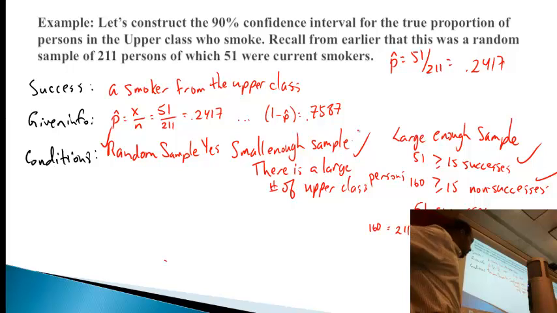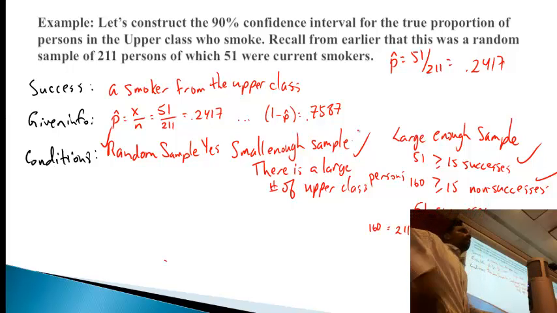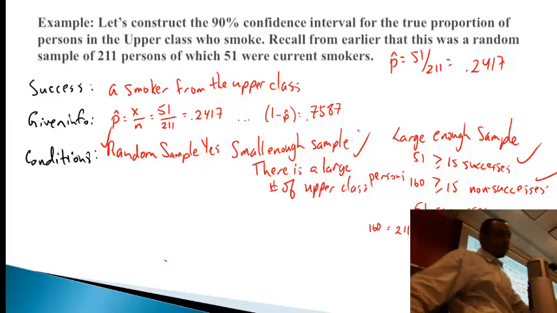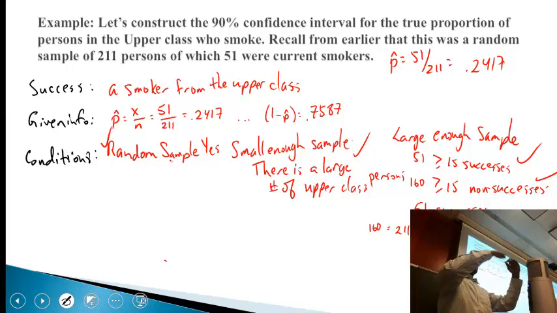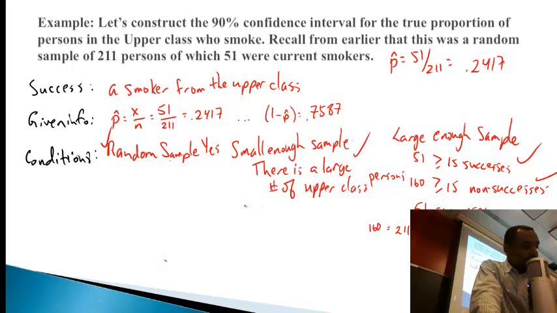Oh, okay. Good question. We would do 211 by 20, and then obviously there's more than 4,000 plus people. So we'll just go ahead and do that real quick. Her question is, one of the conditions was you multiply by 20, right? So if you have 211 as your n, multiply that by 20. What's that? 4220.